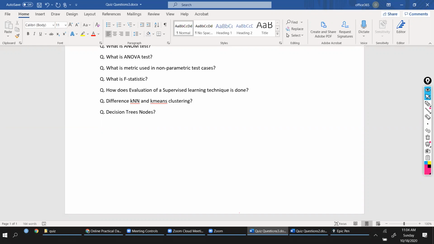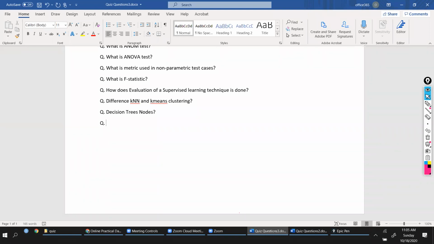Root node, branch node, and then we have leaf node or terminal node. Right. Decision trees are classifiers only. Very good. Santosh, wonderful.